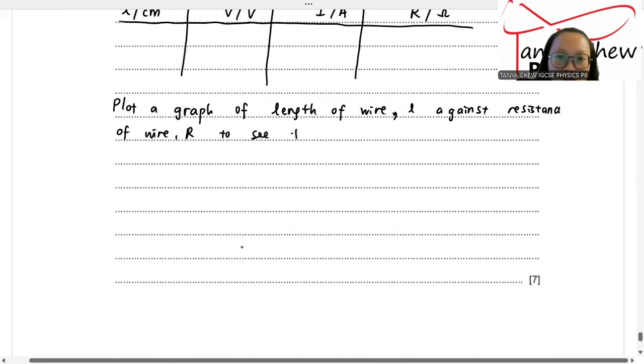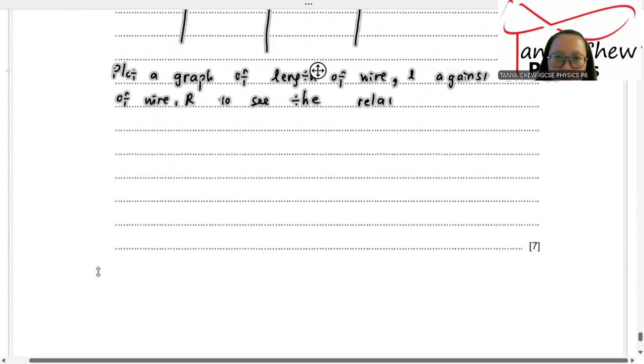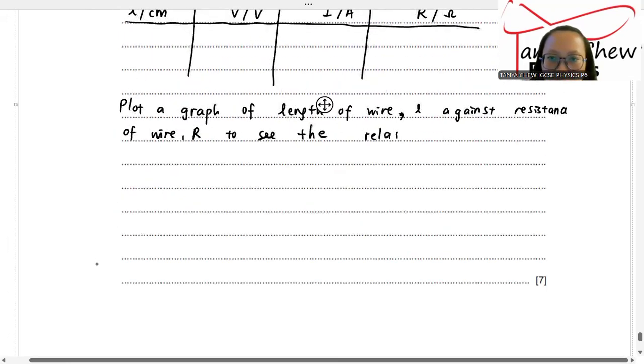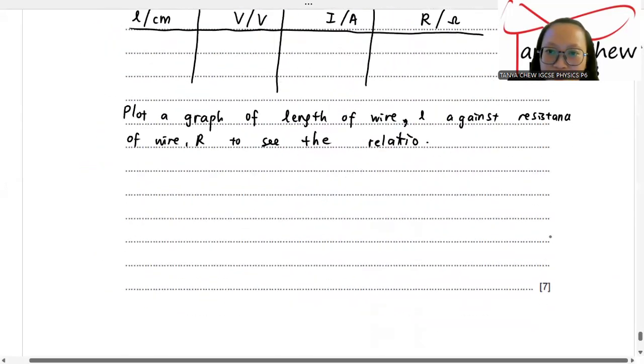Okay, to see the relationship between the two physical quantities, right?